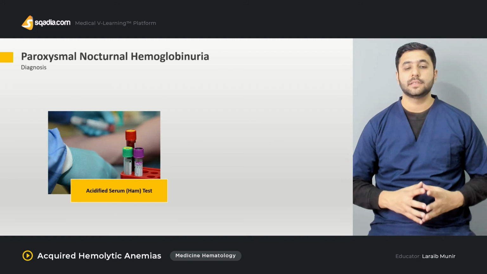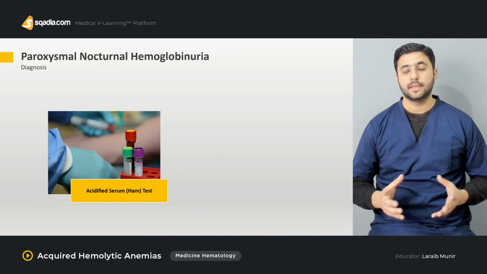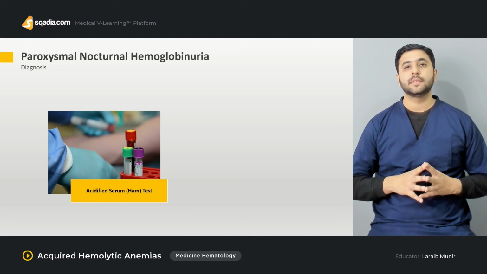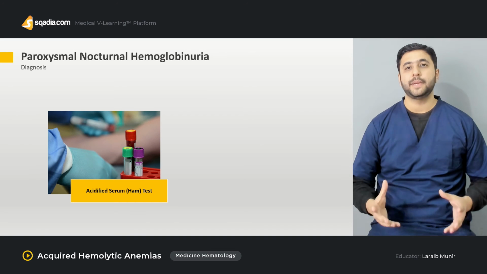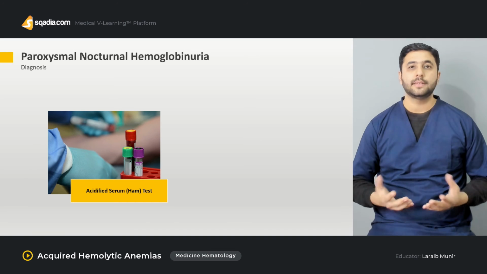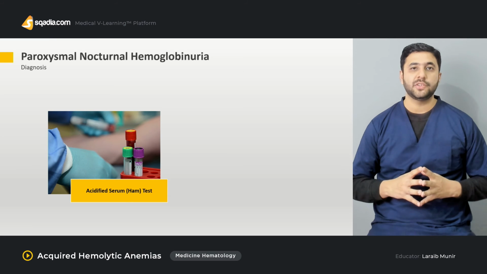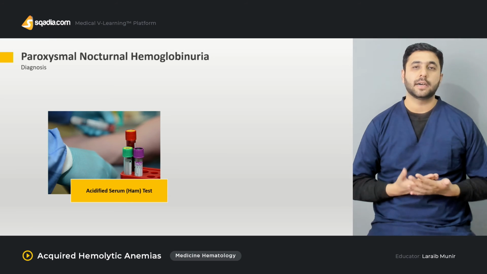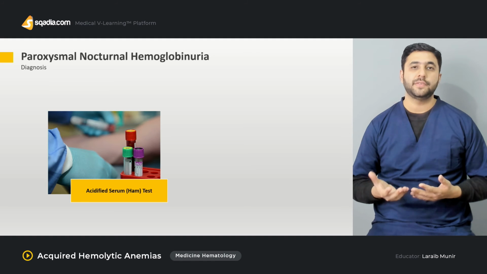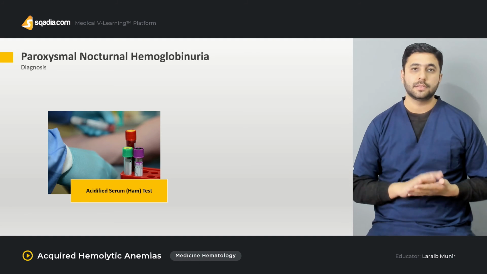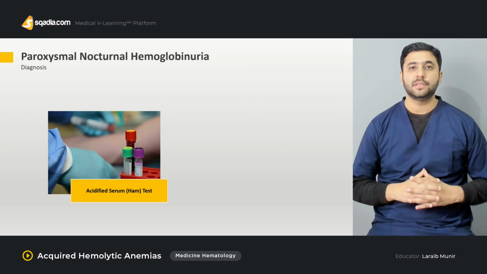The major screening test is the acidified serum test, or the acidified Ham test. What happens in this is we place the RBCs in an acidified sample in which the pH is low, and because acidosis increases complement activation, the RBCs are targeted by the complement. And if there is no CD55 or CD59, the savior of the RBCs, present on the membrane, it leads to RBC destruction.